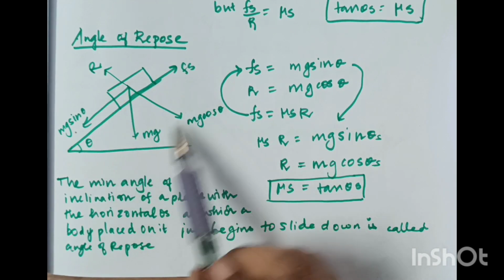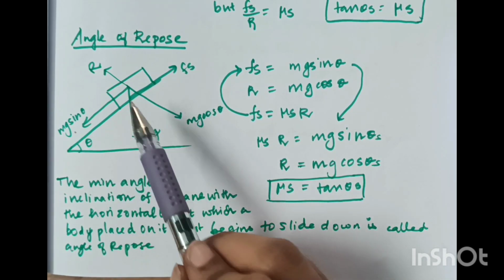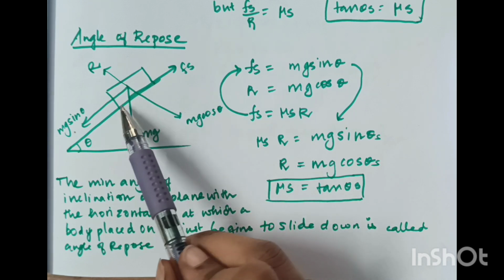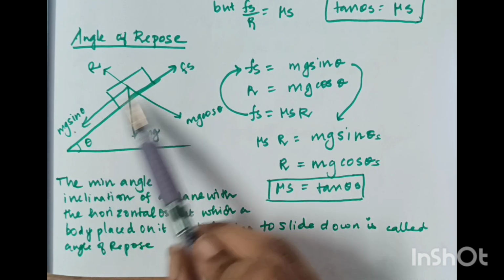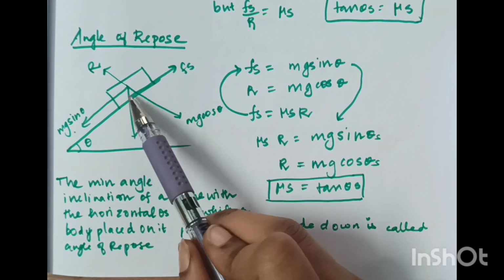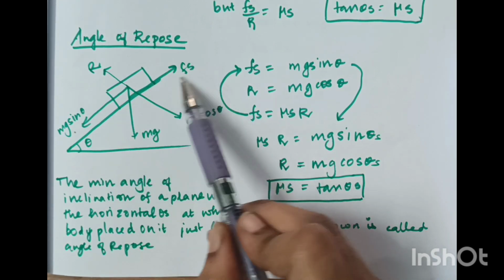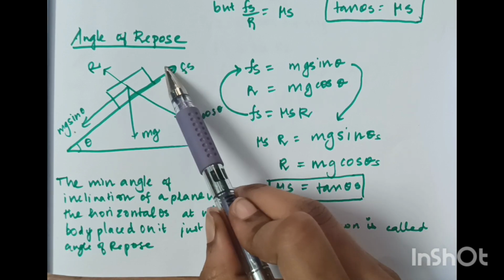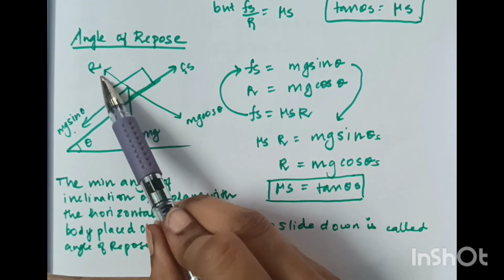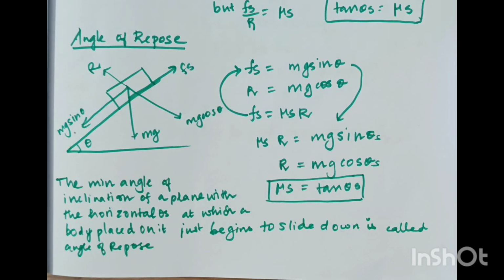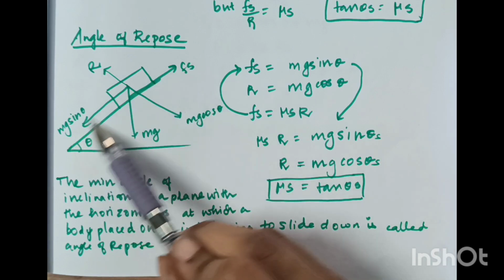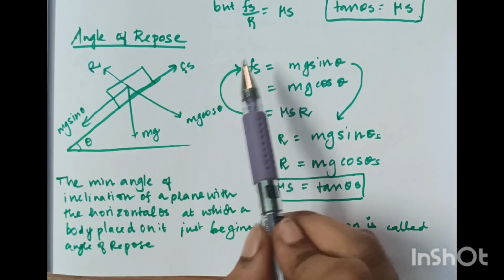From this diagram we can draw a free body diagram. mg acts vertically downwards, with components mg sin theta along the plane and mg cos theta perpendicular to it. As the relative motion will be down the plane, the friction will oppose it, so it will be in the opposite direction, and the reaction force because of the floor is perpendicular to the plane. Now in this direction you apply Newton's laws of motion.